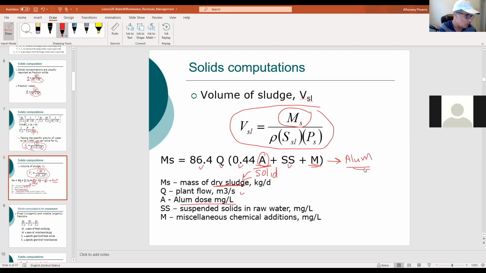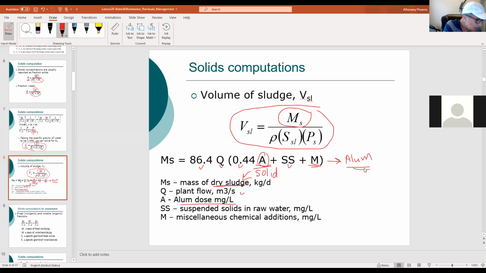These formulas actually are available everywhere. If you need them in the exam or somewhere, they're going to be given to you. So that's for alum.